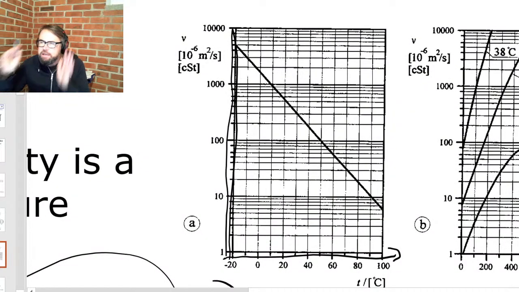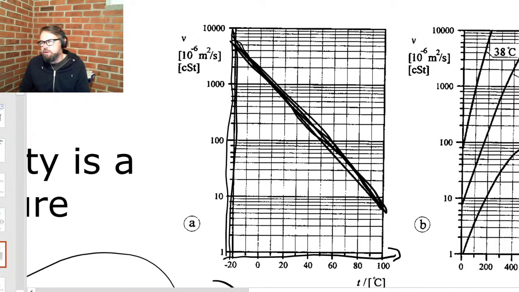Okay, anyways, in this logarithmic scale, you see that the temperature really affects the kinematic viscosity seriously. And that's why there's a recommendation, or actually was a recommendation, that whenever you wanted to get full power from your engine, you should make sure that the temperature of the engine is not too low.